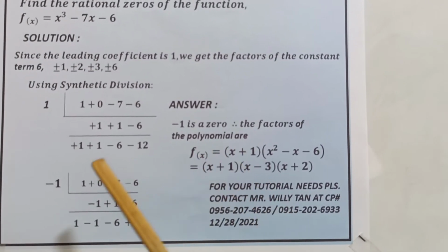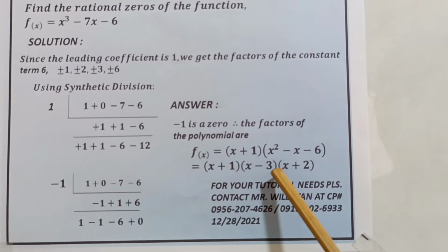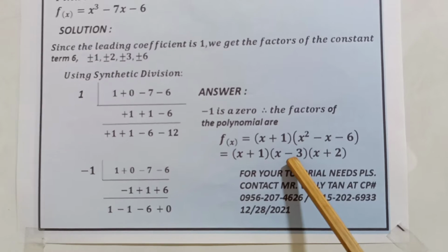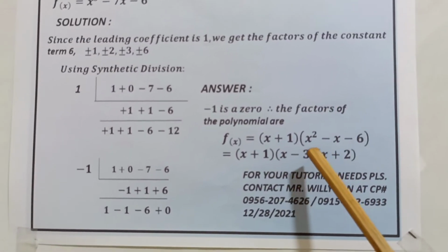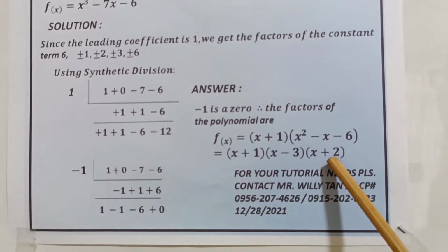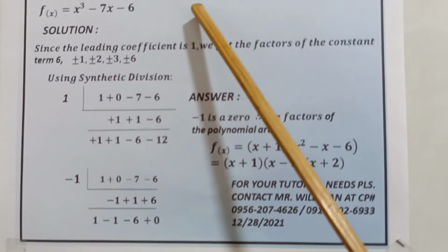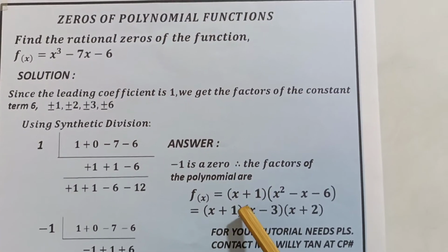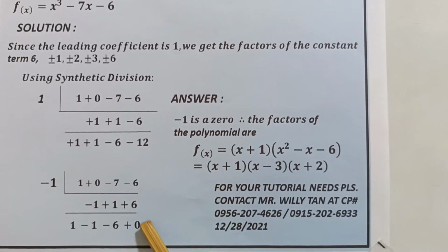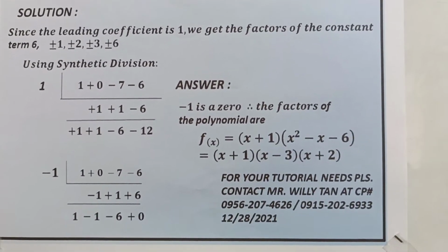Let me make it clear: the zeros of this polynomial are negative 1, 3, and negative 2. So much for this. We go to the second problem.